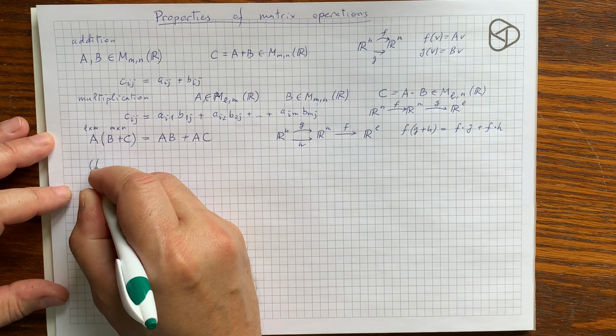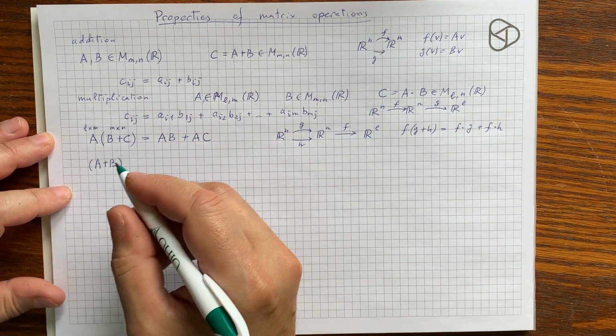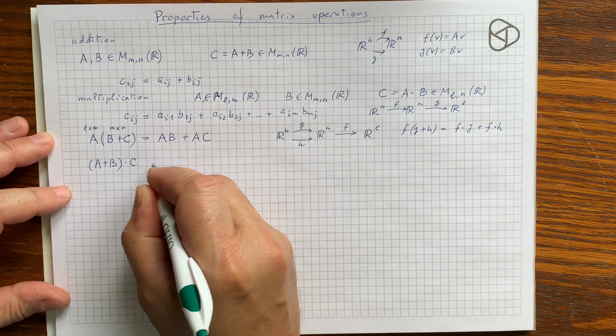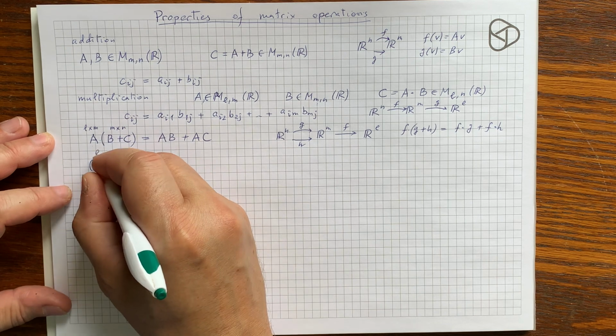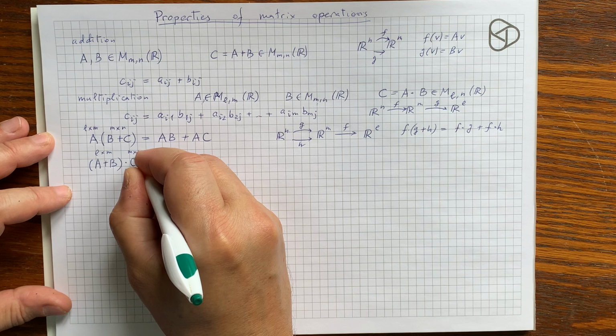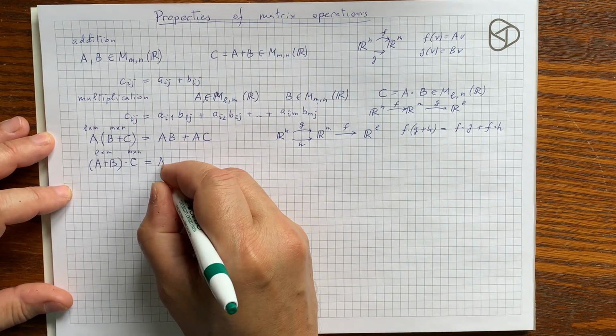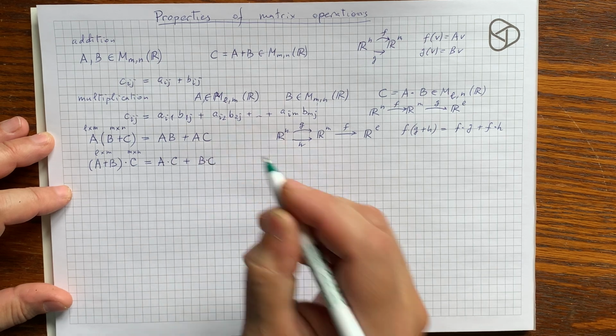Similarly, we have a different distributivity law if we take two matrices of the same size and compute their sum, and then if we take the third, which is multipliable with the sum, that would be, if we have, say, these dimensions, then the result can be computed in a different way as a sum of two products.